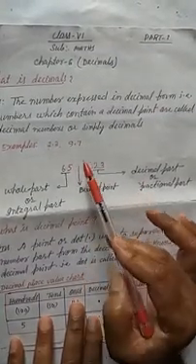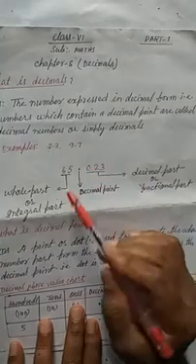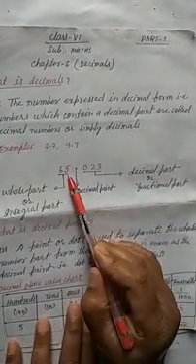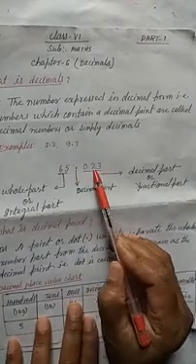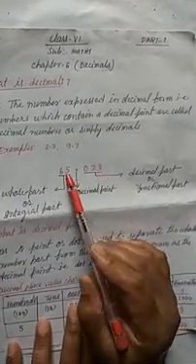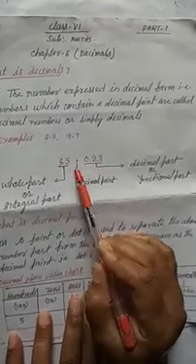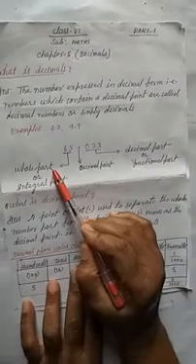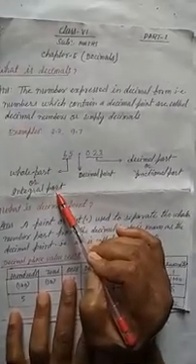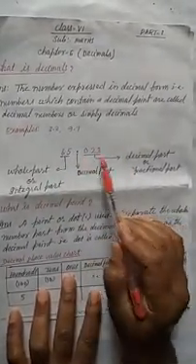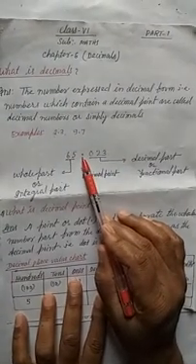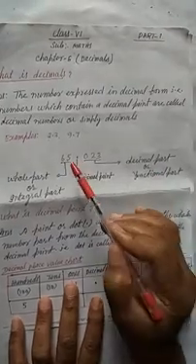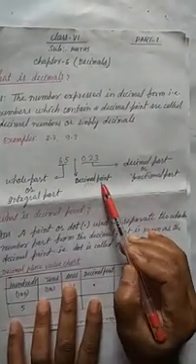Now let us see the other example: 65.023. Those numbers which are on the left side of the decimal point are called the whole part or integral part, and those numbers on the right side of the decimal point are called the decimal part or fractional part, and this dot is called the decimal point.